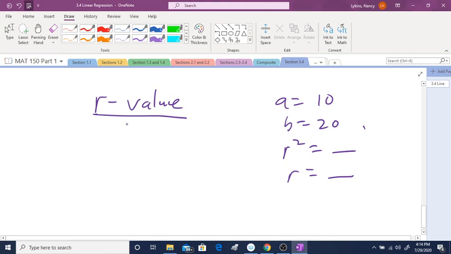So what you want to do is, on your calculator, hit your second button and second and 0, and it brings up a catalog.